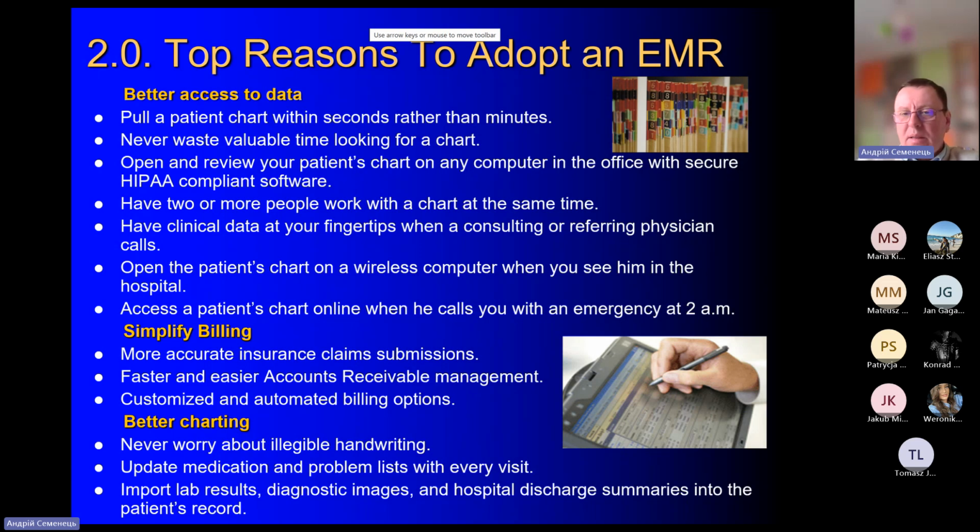It could even be accessed by the patient, depending on the level of permission, and could be used as a source for medical education, and so on.